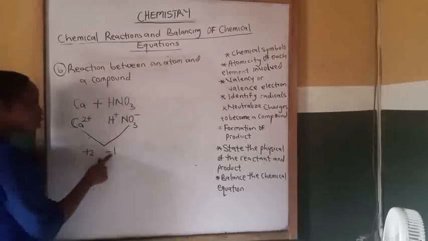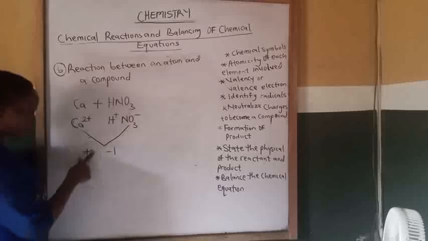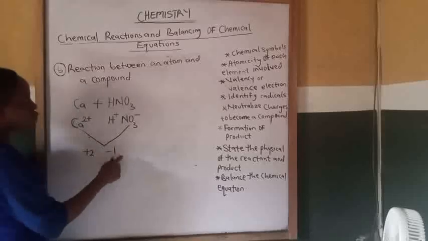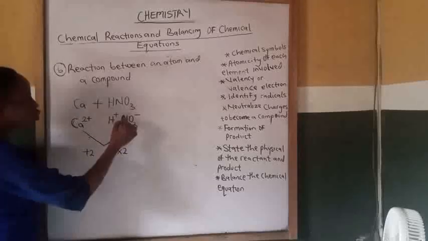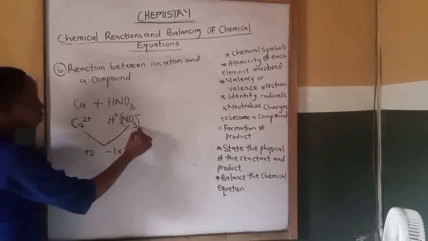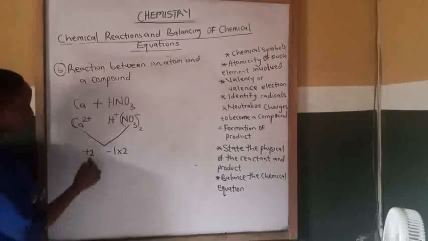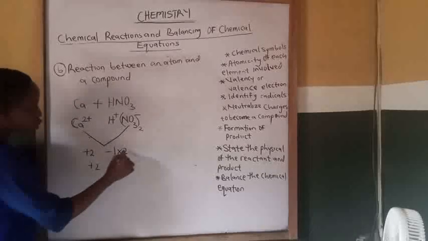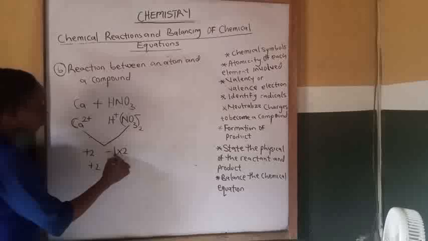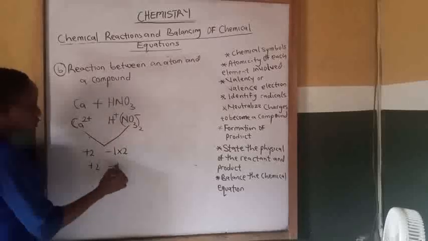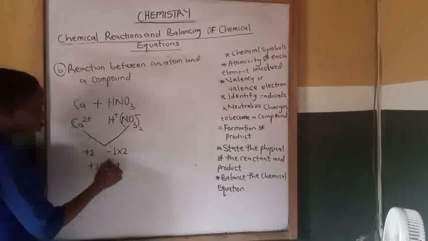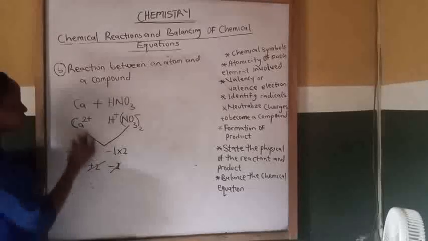So plus 2 will not neutralize minus 1; plus 2 will not cancel minus 1. So I have to multiply this side by 2. You multiply what? Your NO3 by 2. Don't forget that this minus is from NO3, so minus 1 times 2 will give me minus 2. The two charges will now be able to neutralize each other.